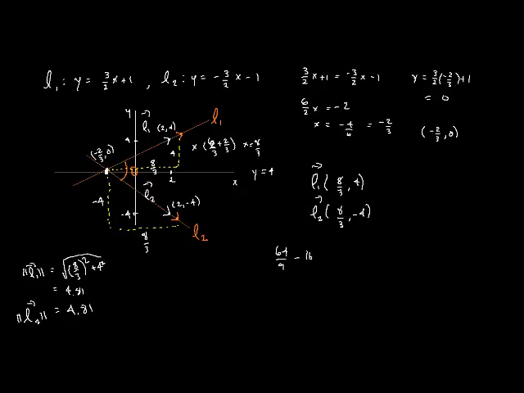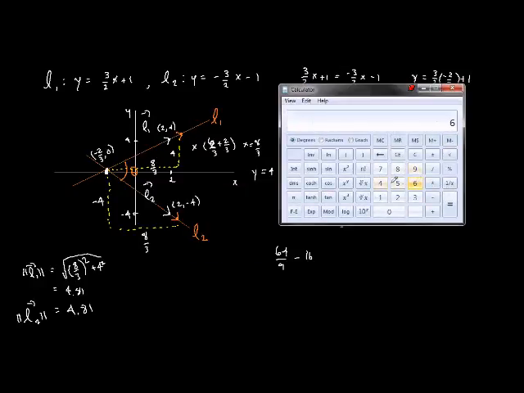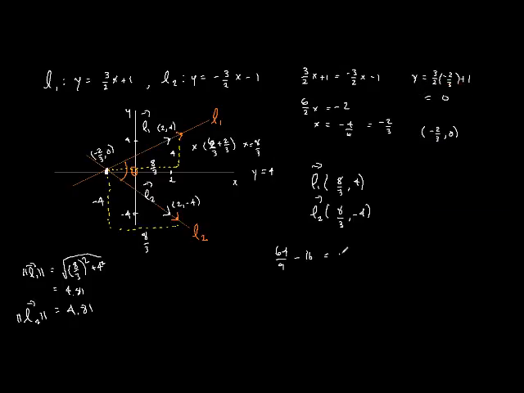If I pull out the calculator, 64 divided by 9 minus 16, I get negative 8.8 repeating. That is now the scalar product.